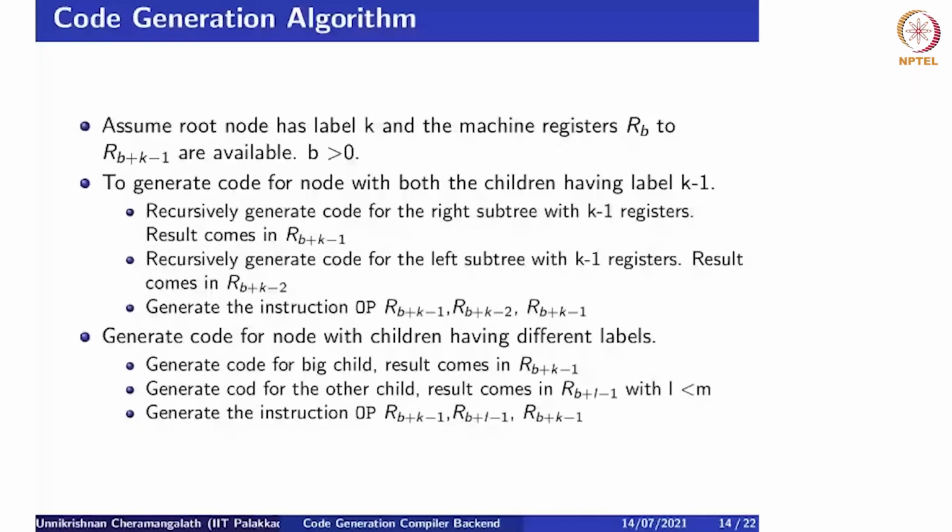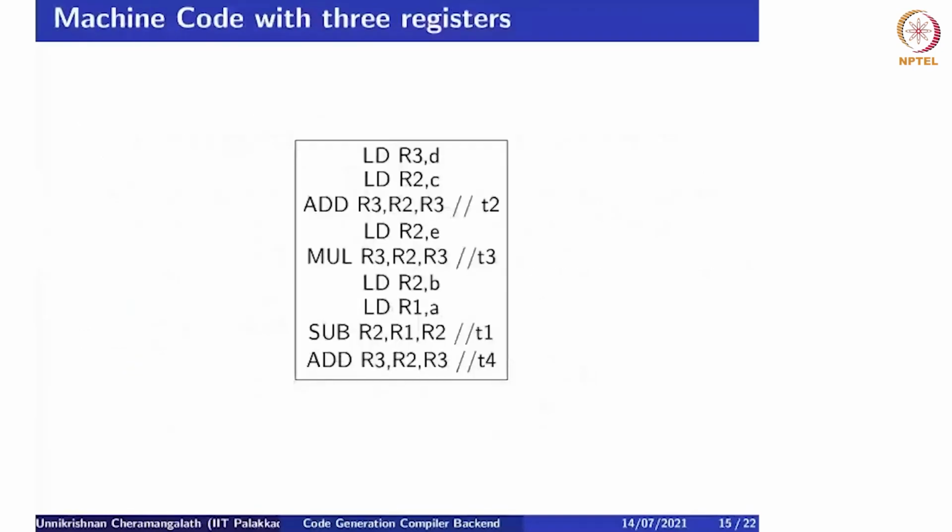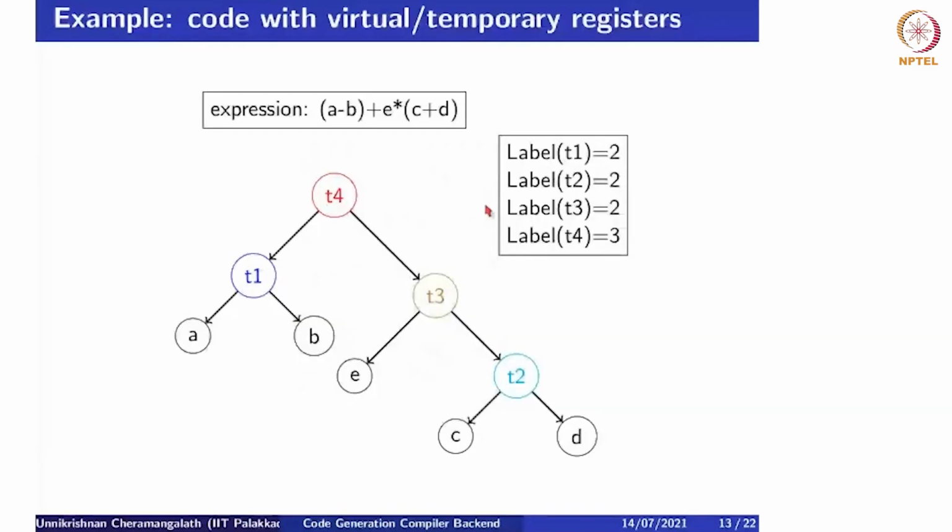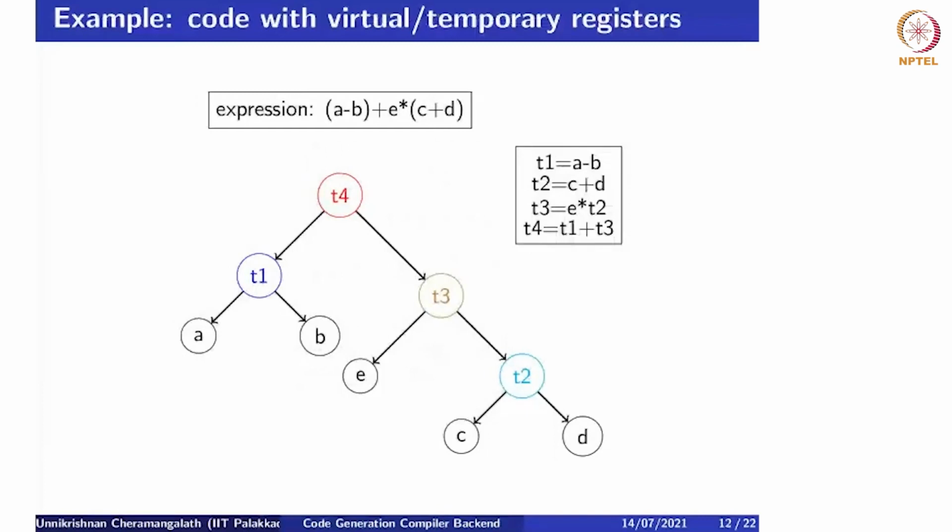Okay. So take the example here, for example T2. What was T2? I have to go back. T2 is C, D. The right subtree is D, the left subtree is C, and both nodes have the same label.